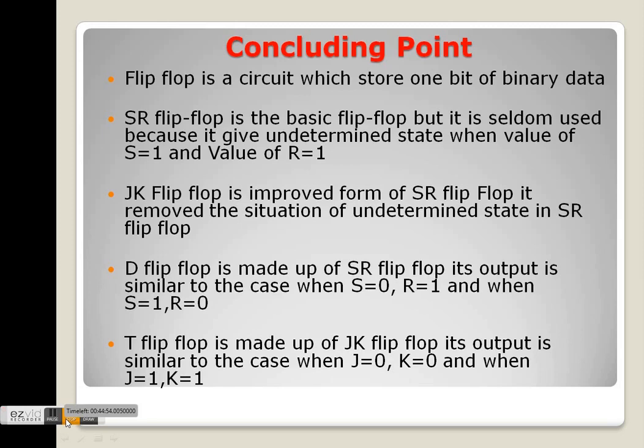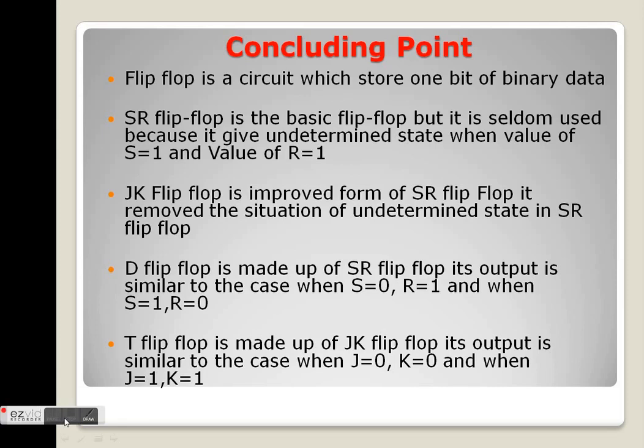Okay. The D flip-flop is made from the SR flip-flop, and in this case the output will be similar to the cases when the value of S is 0 and the value of R is 1, and the second case is when the value of S is 1 and the value of R is 0. It means it performs only two operations, set and reset operations. Okay.